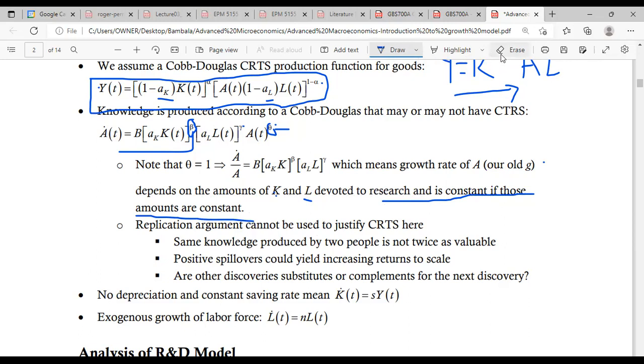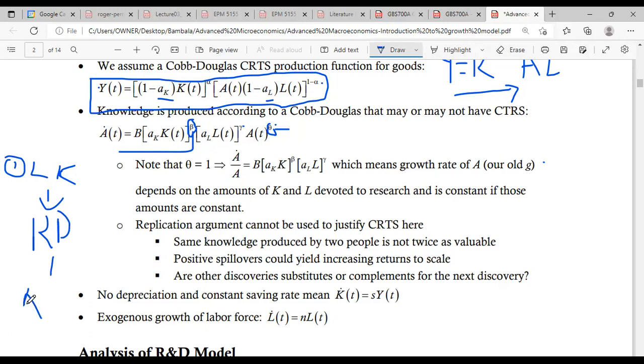Okay, all right. So remember the properties of knowledge. For one, if you devote more capital and labor to research and development, then you expect that the amount of knowledge will actually increase.